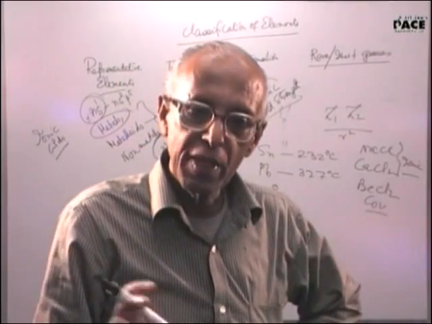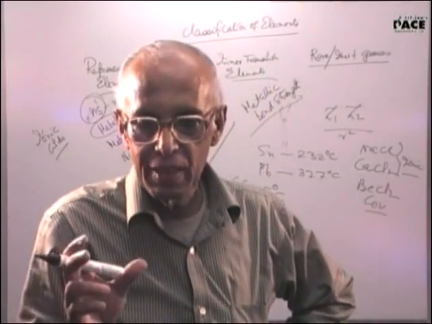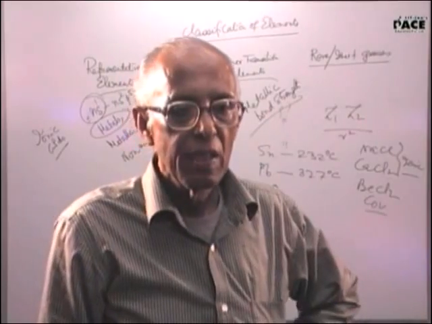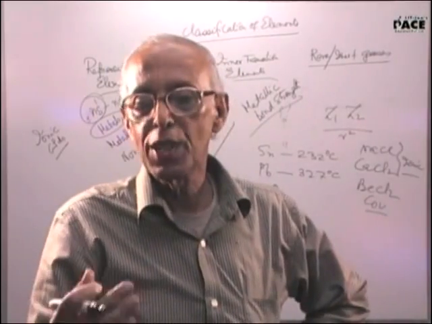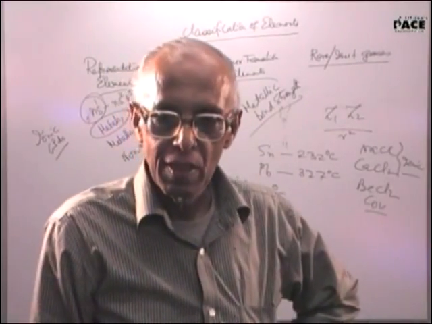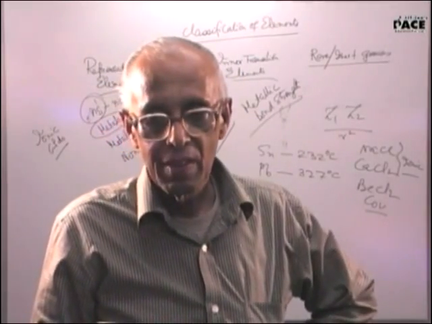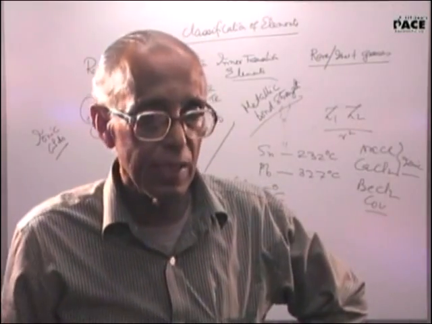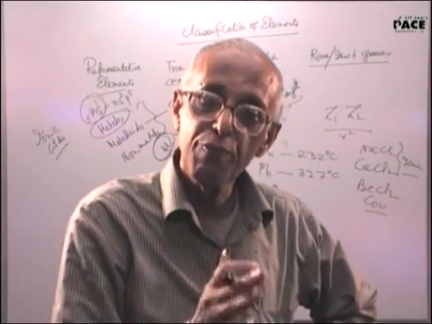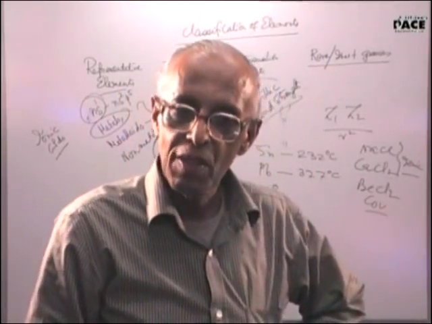So an ionic compound and a covalent compound can be distinguished if we measure the conductivity, not in the solid state. In the solid state, the ionic solids do not conduct electricity because the ions are fixed at the lattice point.